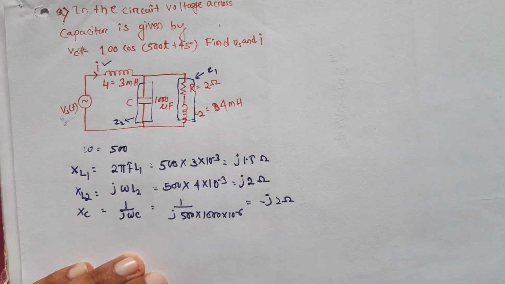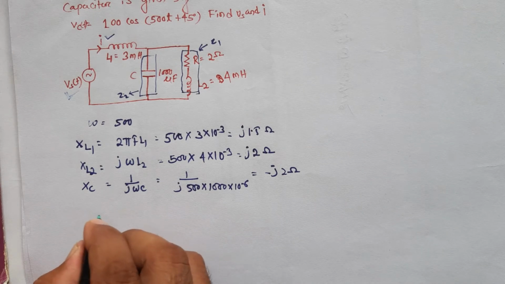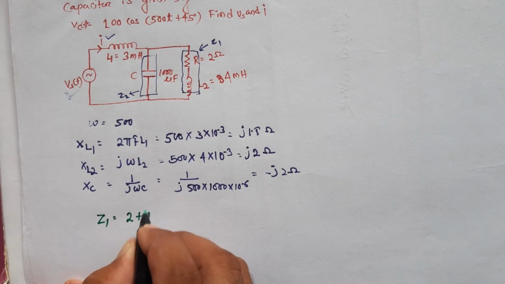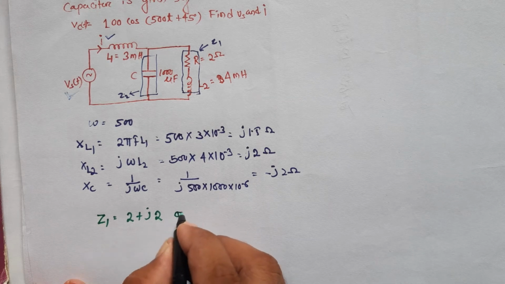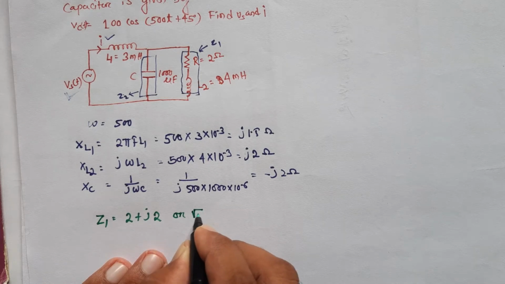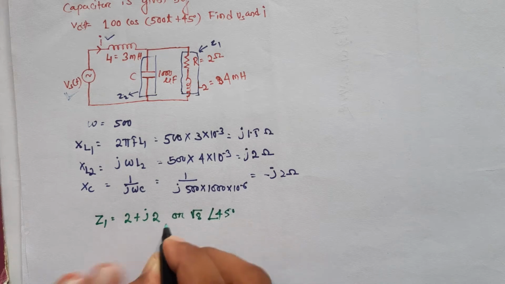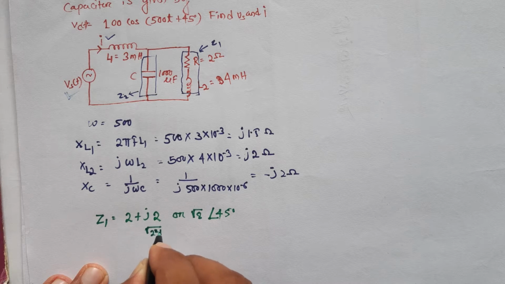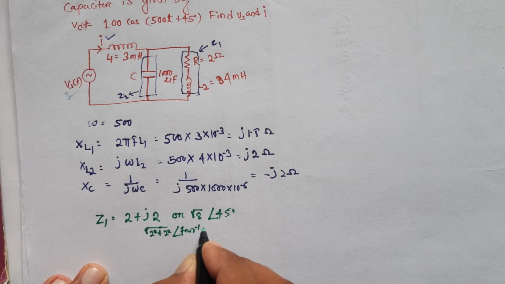First we need to find Z1. The Z1 value is 2 plus j2. This is the rectangular form. If we convert this to polar form, it is root 8 angle 45 degrees, since the magnitude is 2 squared plus 2 squared, under root, and the angle is tan inverse 2 by 2.